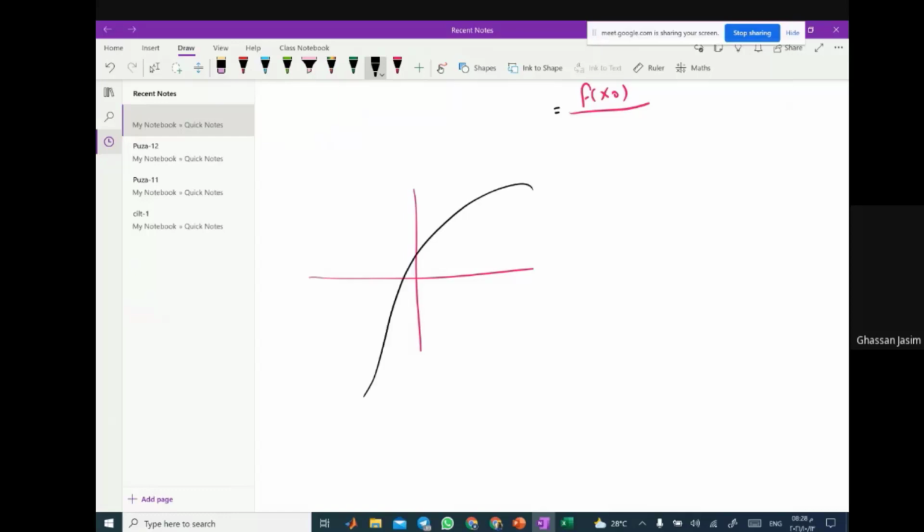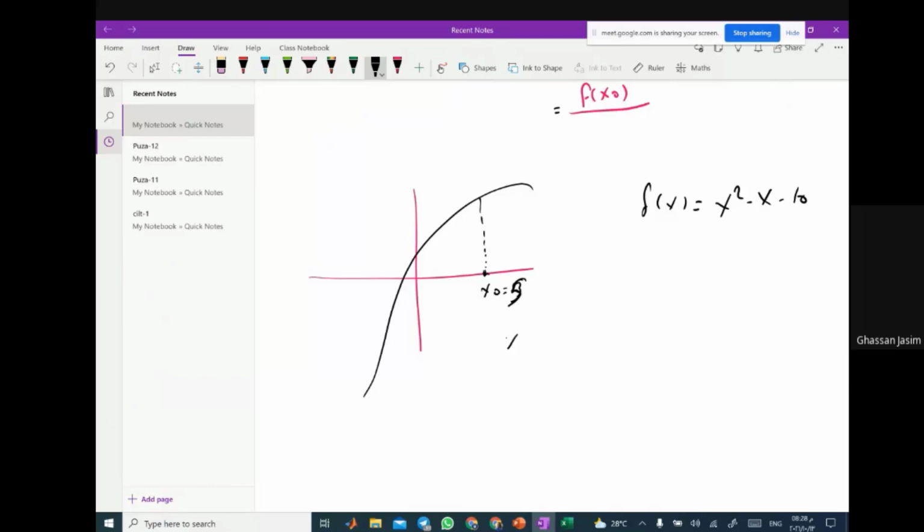I have this function, let's say f of x equals x squared minus x minus 10, for example. Now, if I have this point x naught, let's say equal to 3 or 5. Now, what's the y?